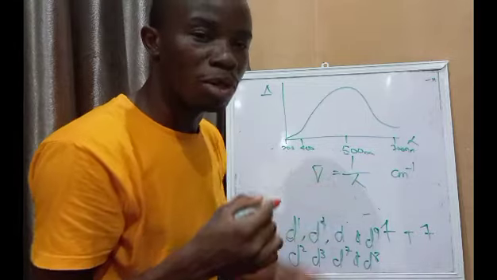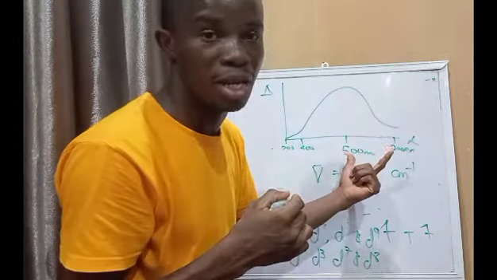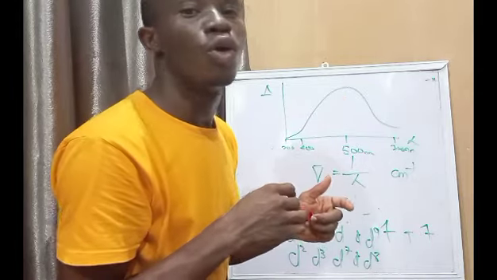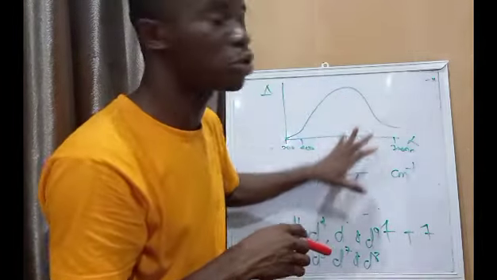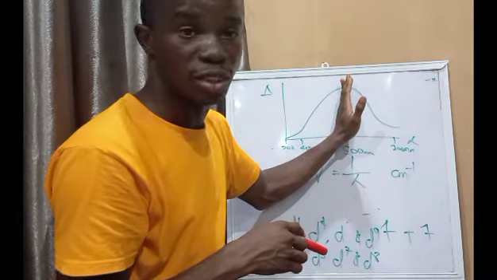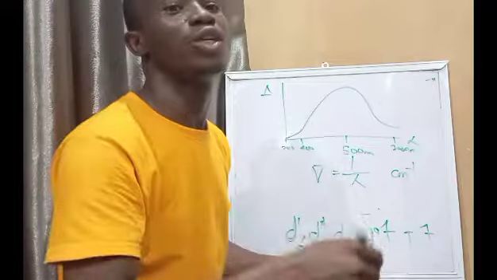I've said the complementary color to the color of light absorbed by the complex will be the color of the complex. So if your complex from this particular spectrum absorbs light at 500, you have to determine the color of light at 500 nanometer, and at the same time find the complementary color.